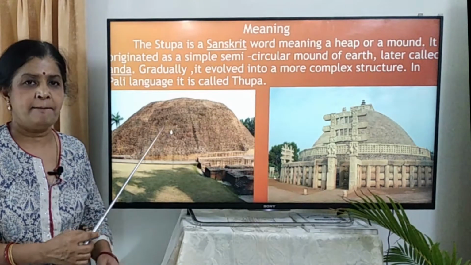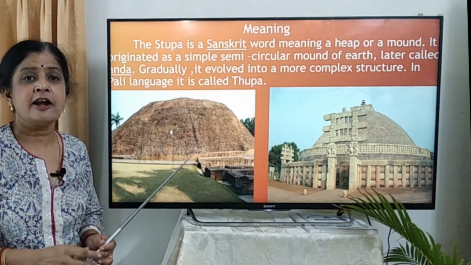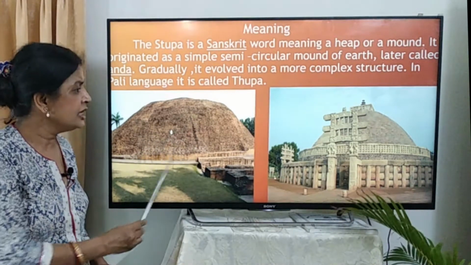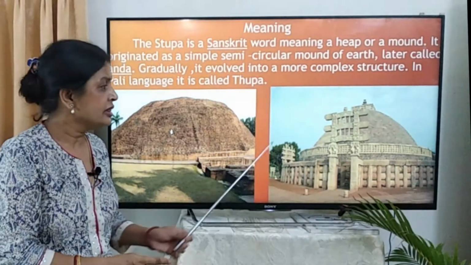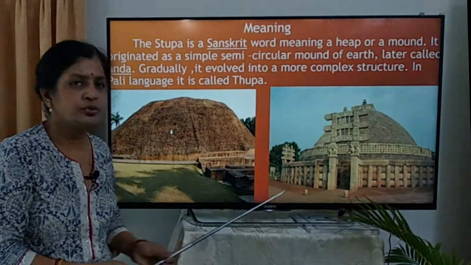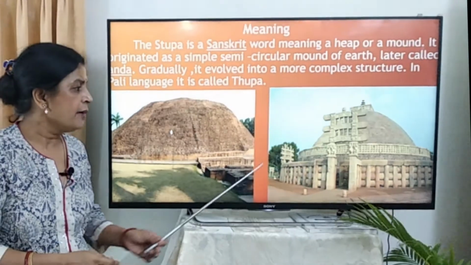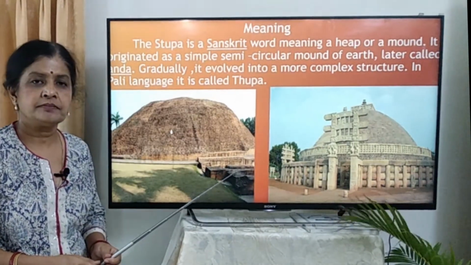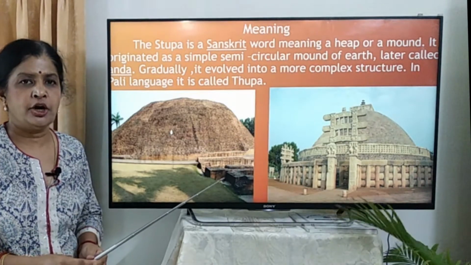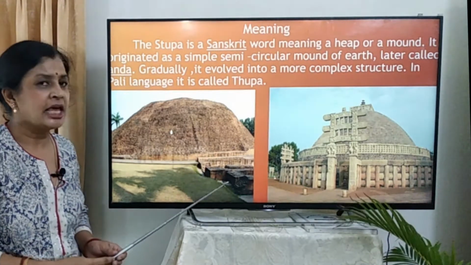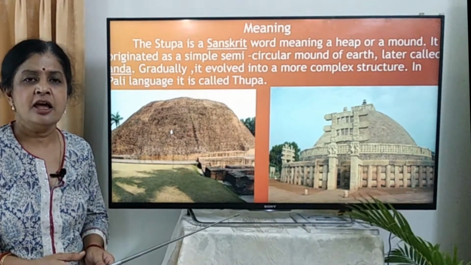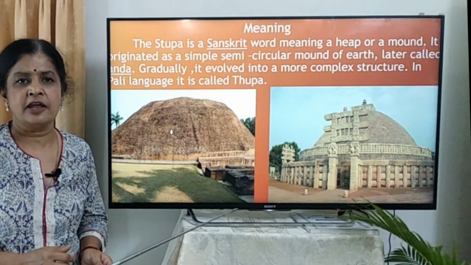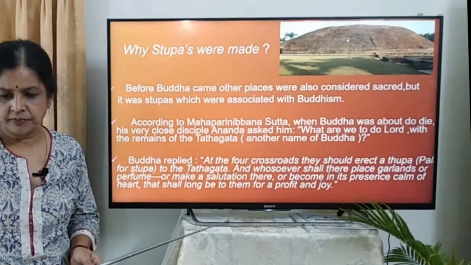But as time passed, great rulers started investing their money and made the structure more elaborate by making gateways, by making a path to go around it and making a great wall around it. So slowly over a period of time, this stupa became a more complex structure, whose various features we are going to study in the next slides.